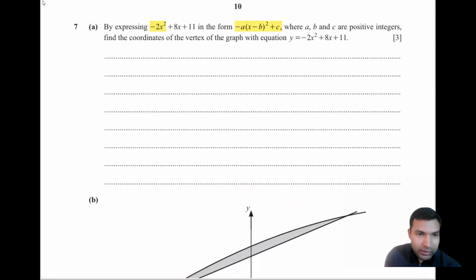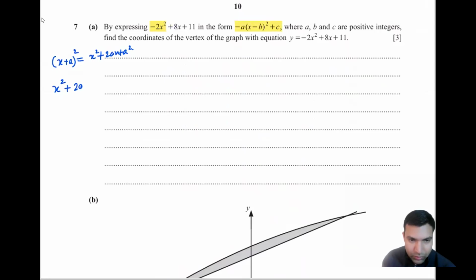Okay. Now let me explain how to do completing the square. See, we can write (x plus a) whole squared is equal to x squared plus 2ax plus a squared, isn't it? So now I can rewrite this as x squared plus 2ax is equal to (x plus a) whole squared minus a squared.